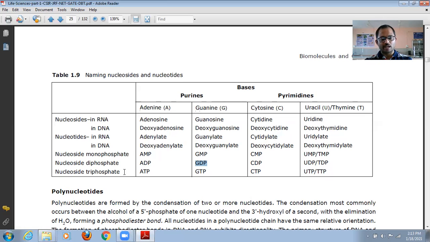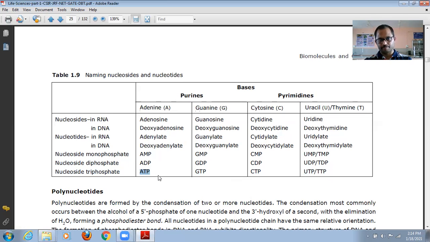And nucleoside triphosphates, having three phosphates, are ATP, GTP, CTP, and either UTP or TTP. Nucleoside monophosphate has one phosphate group, nucleoside diphosphate has two phosphate groups attached, and nucleoside triphosphate has three phosphate groups.